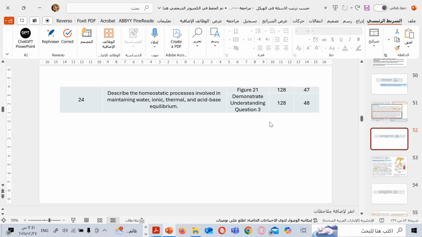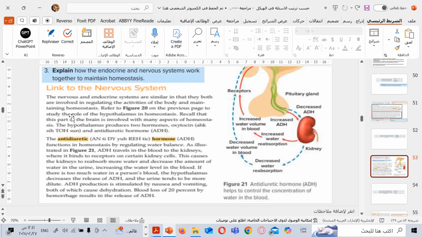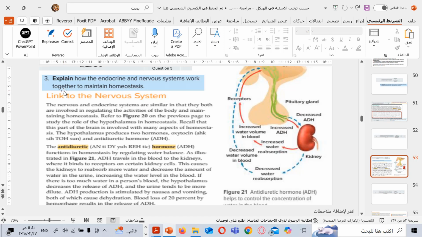Let us go to 24, the question before the last, figure number 21, illustrate question number 3. This is again: explain how the endocrine and nervous systems work together to maintain homeostasis. He asked again about homeostasis.